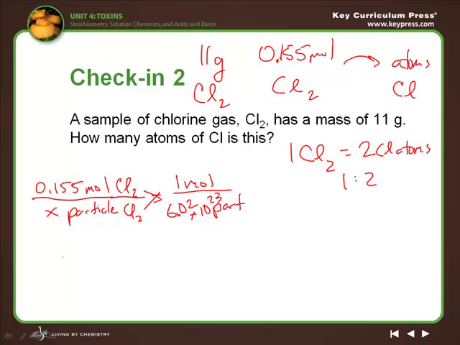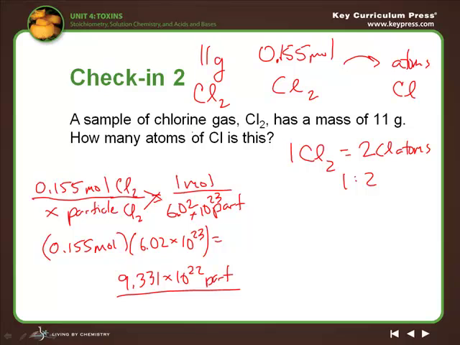We cross multiply here, 0.155 moles times Avogadro's number. And this equals the number of particles we have, which is 9.331 times 10 to the 22nd particles.